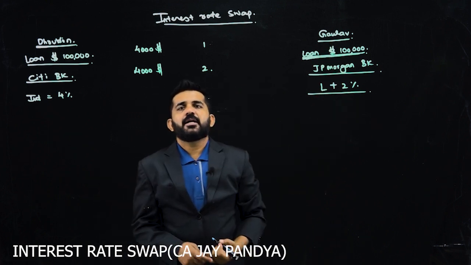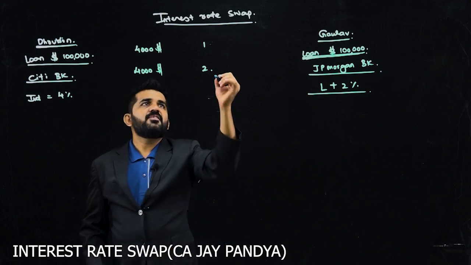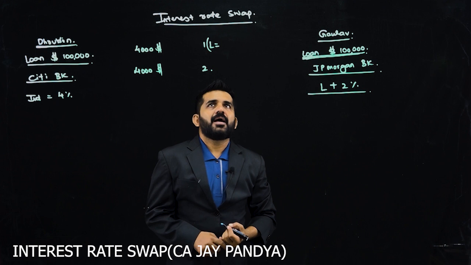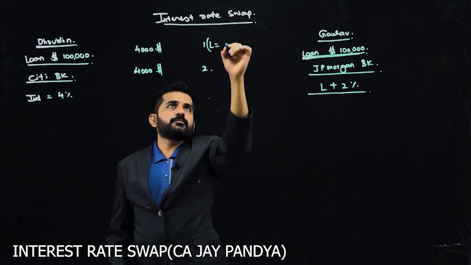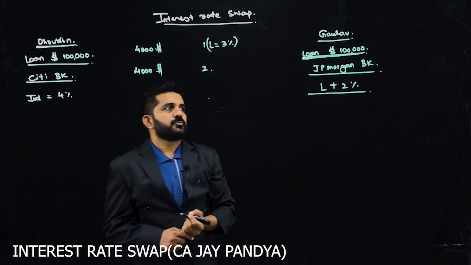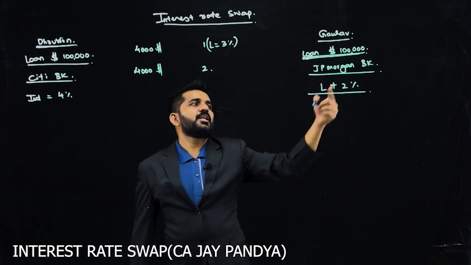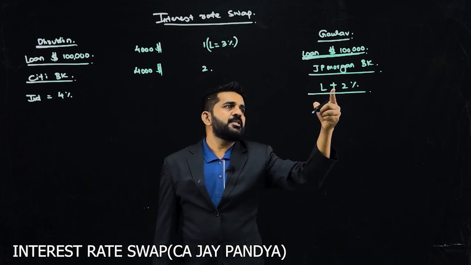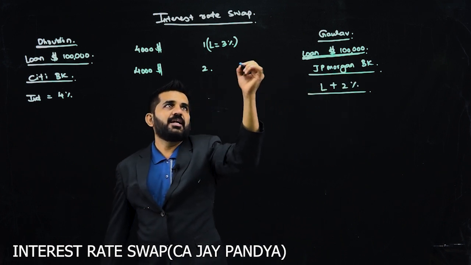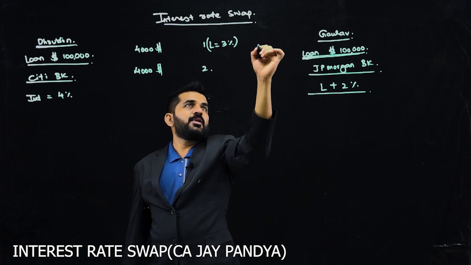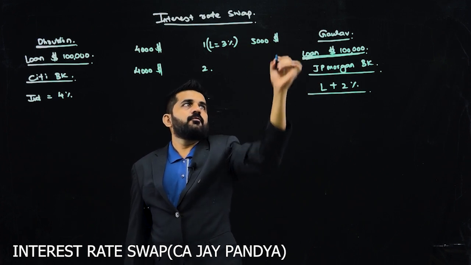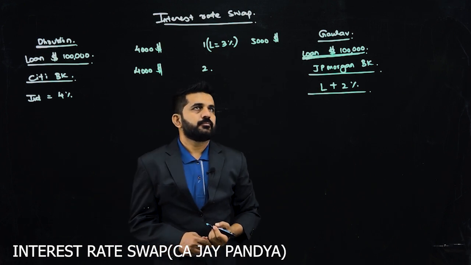Gaurav's rate is dependent upon LIBOR. Say in first year, LIBOR was 3%. So how much totally he will pay? 3% plus 2%, that is 5% on $1 lakh. That is, Gaurav will be paying $5,000.